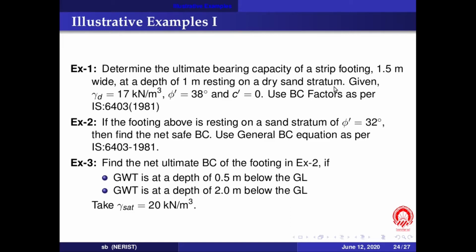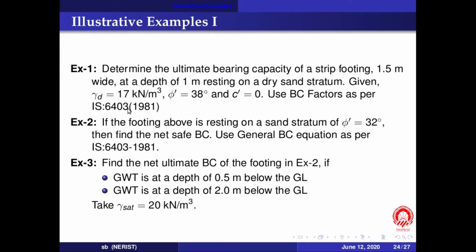So it is a very basic kind of problem, and the dry density of soil is given, gamma d equal to 17 kilonewton per meter cube, and the effective angle of shearing resistance is 38 degree. So it's quite a strong soil, and because it is dry sand, cohesion is 0, and we are asked to use the bearing capacity factors as per IS 6403.